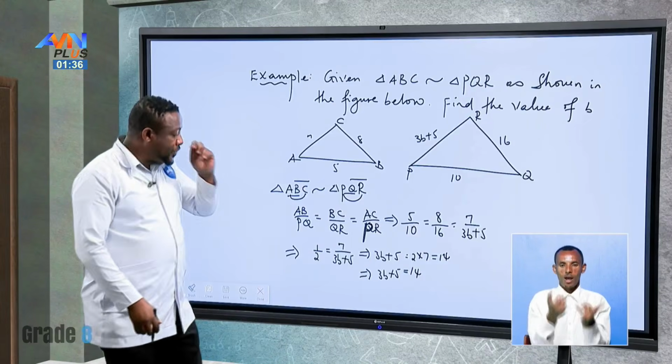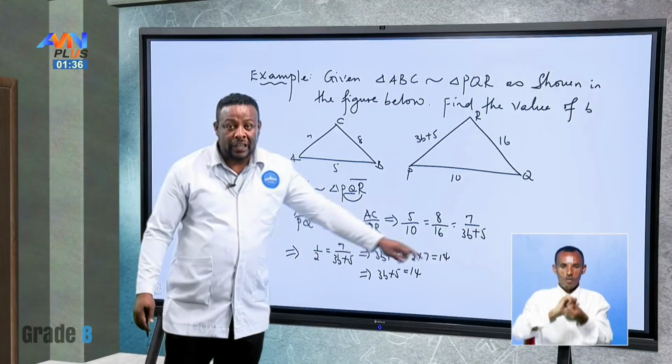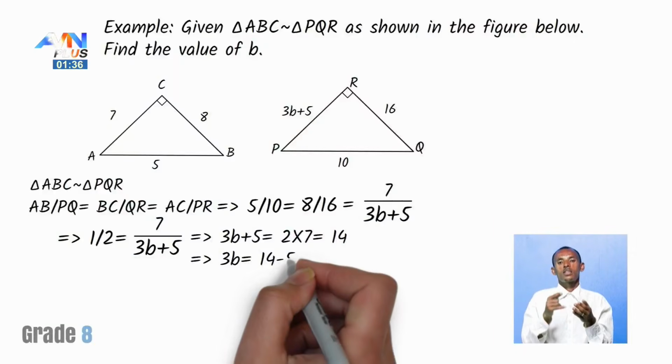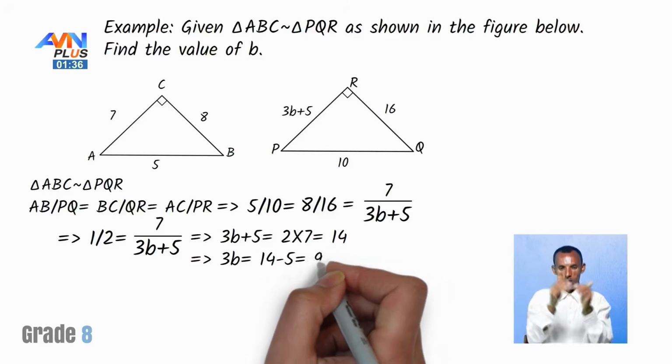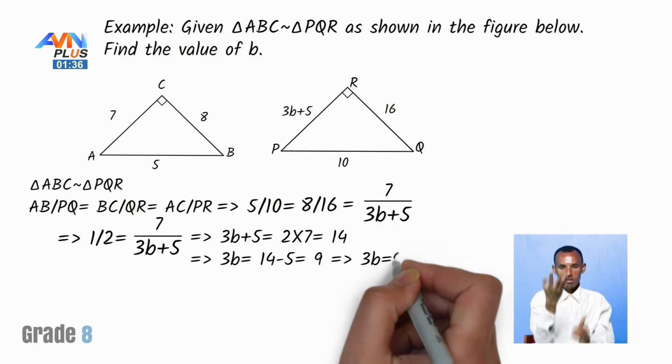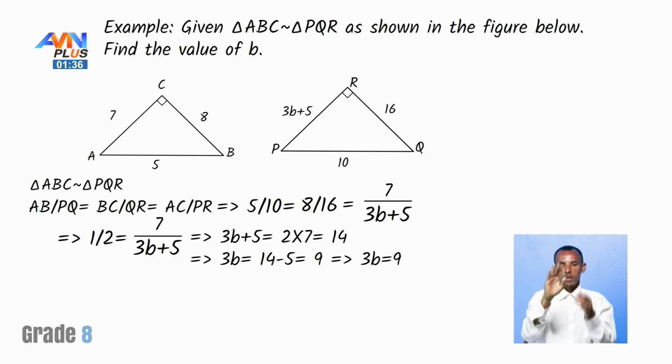Now you can transform 5 to the right side. Then this equation becomes 3b is equal to 14 minus 5. This is 9. So 3b is equal to 9 means dividing both sides by 3, b becomes 3.